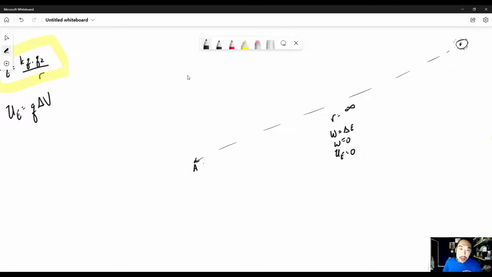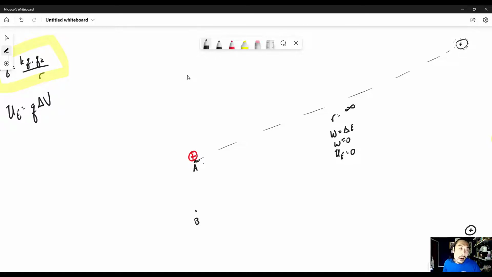Now let's say we have a charge here at point A. Let's do that in red. We'll say that's a positive charge right there. And off in another corner, let's say over here, we see another positive charge. We want to move that positive charge right here to point B, and from here to here, we say it is an infinite distance away.